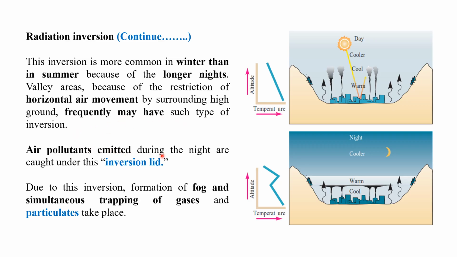Air pollutants emitted during the night are caught under the inversion layer. So whatever pollutants are emitted from the ground surface into the atmosphere will not move in upward directions. The warm layer acts as a lid. Due to the inversion, formation of fog and simultaneous trapping of gases and particles takes place.